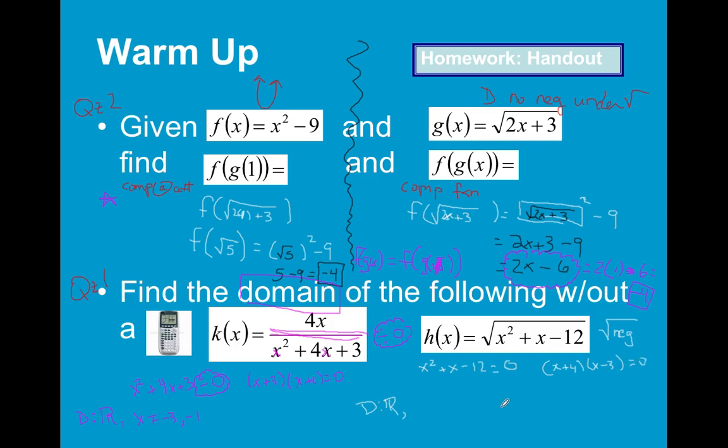This time I have to make a number line because I'm looking for negatives. -4 creates 0, which is okay. 3 creates 0, which is okay.